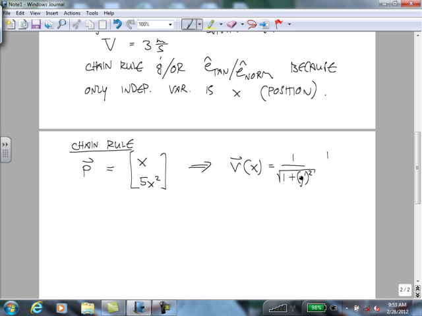I don't really think of this as a formula that you plug into, but if you do this derivation, you get something that looks like this. That's your velocity vector. And now you can use that the acceleration is equal to dv/dx times dx/dt. Okay.